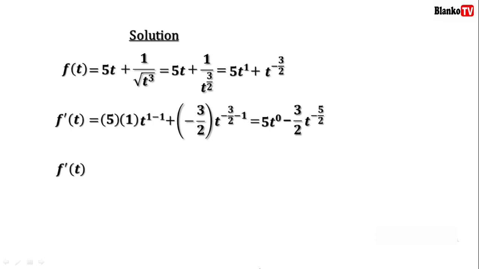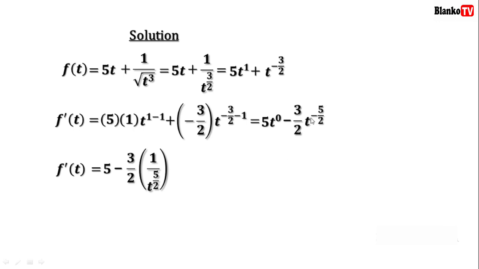Okay, so f dash t equals, now t raised to the power 0 is what? 1. Any number that is raised to the power 0 is 1. So 1 times 5 will give us what? 5. I hope you are following it. Minus 3 over 2 multiplying 1 over t raised to the power 5 over 2.